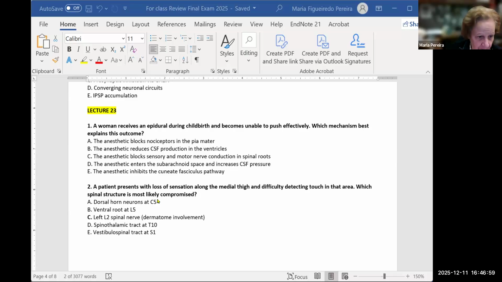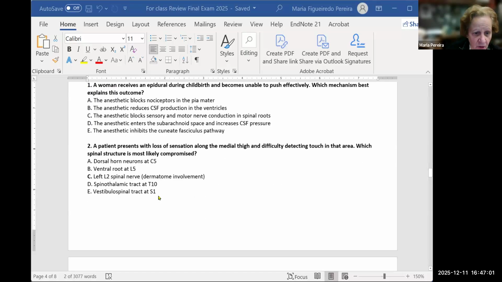Let's move on. A patient presents with loss of sensation along the medial thigh and difficulty detecting touch in that area. Okay, so medial thigh and difficulty detecting touch. So there's a problem with the skin, right?